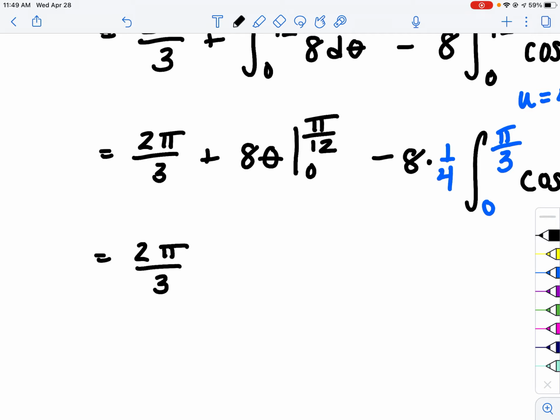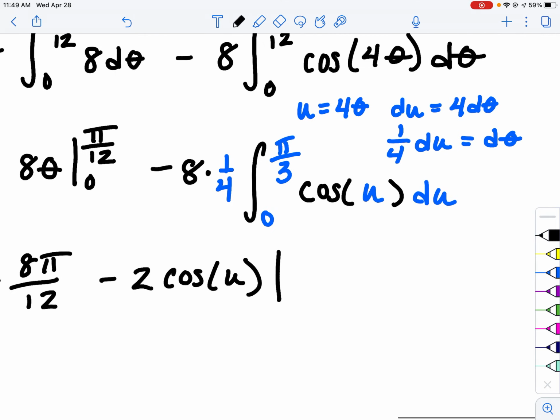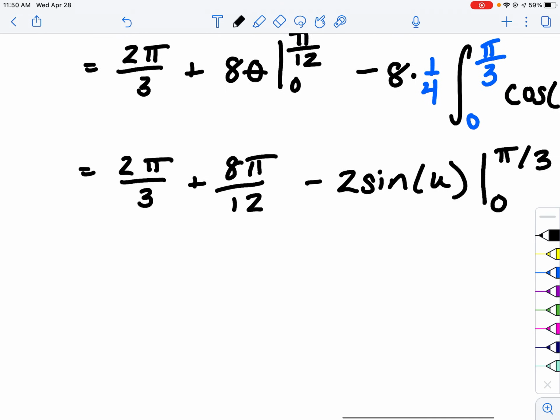Okay, so this is going to be 2 pi over 3 plus, that's going to become 8 times pi over 12, so we get 8 pi over 12. We can reduce that in the next line. That's going to come minus 2 cosine of u evaluated, I'm sorry, not cosine of u, sine of u. Forgot to integrate there for a second, from 0 to pi over 3.